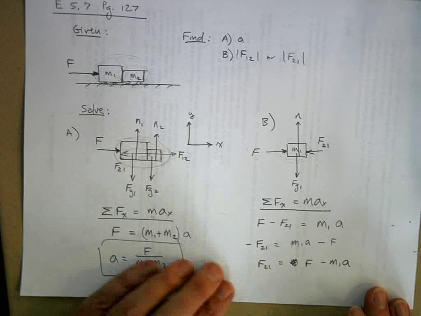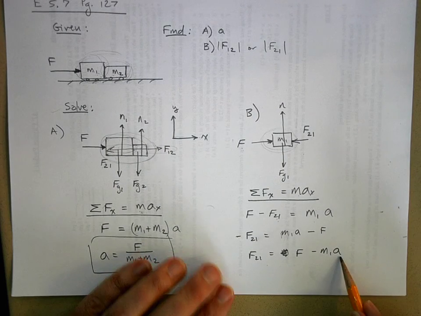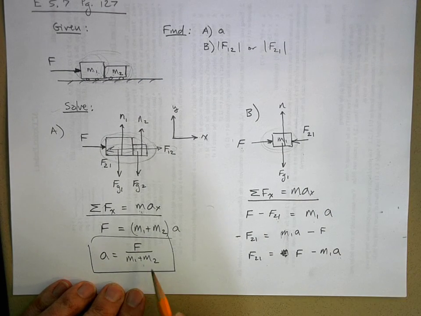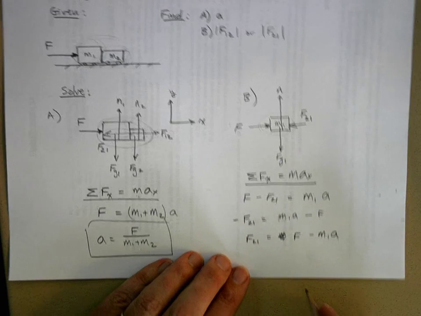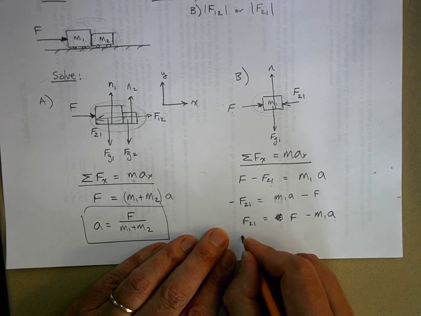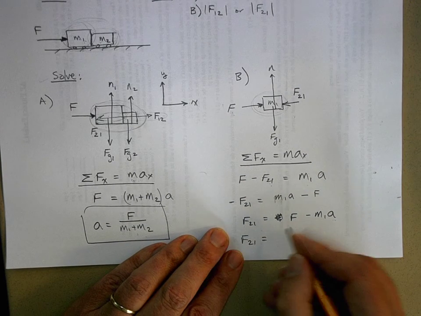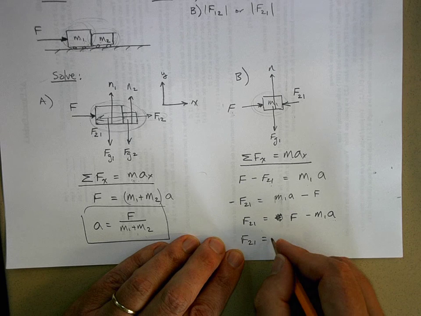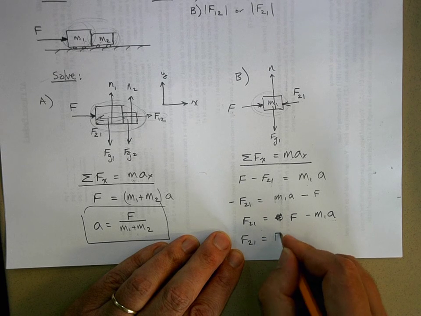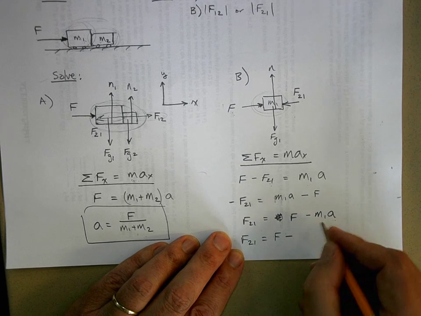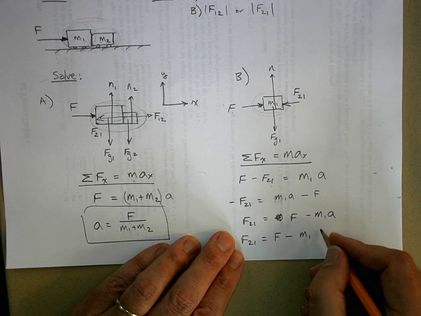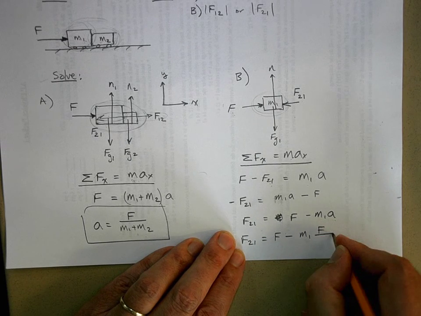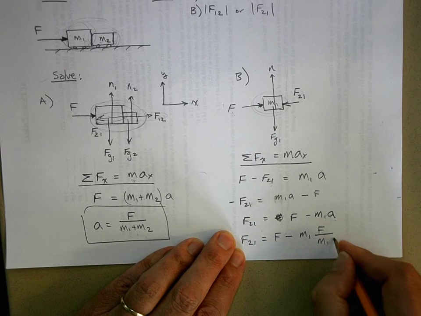But I know what A is. A is this. So this is going to get kind of messy. This is going to be F minus M1 times A, which is F over M1 plus M2.